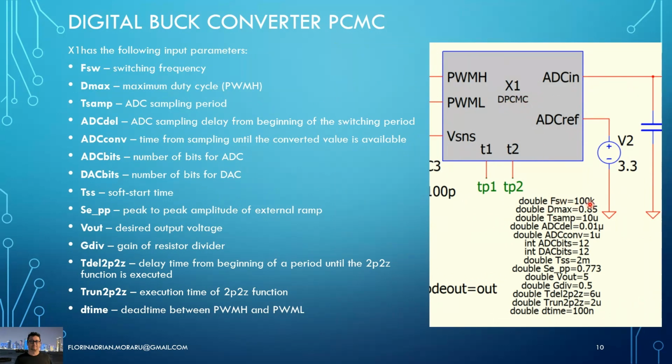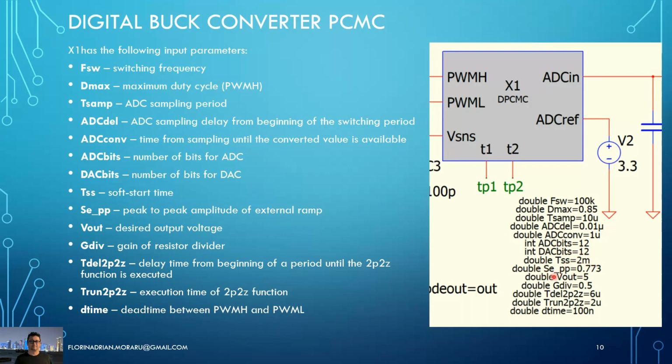So we have the switching frequency, the maximum duty cycle, sampling frequency, and ADC delay, which is the delay from the beginning of the switching period until the ADC is triggered. The ADC conv is the time needed for the ADC to convert the sampled data into a digital number.